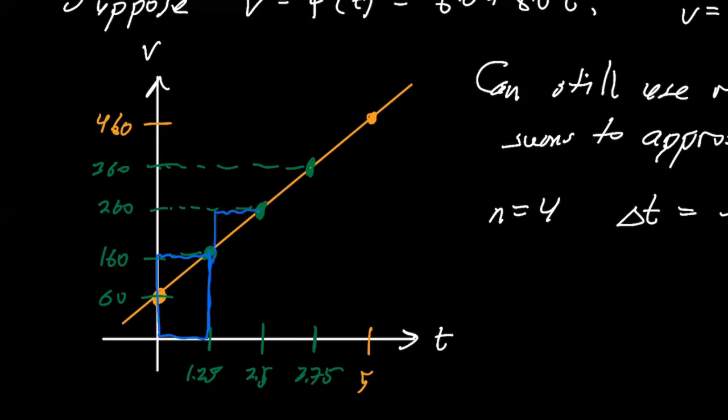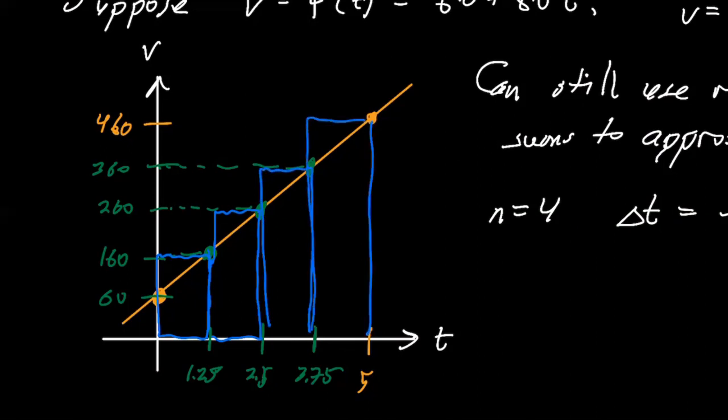And then the second minute and a half, second time interval, third time interval, and then the fourth time interval. Like that, right? Maybe I should make all these points kind of clear.